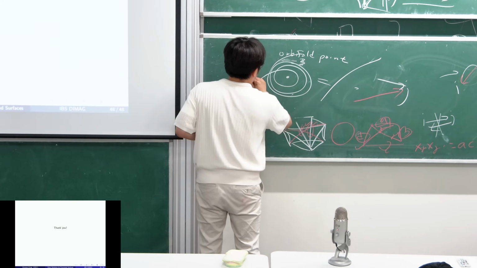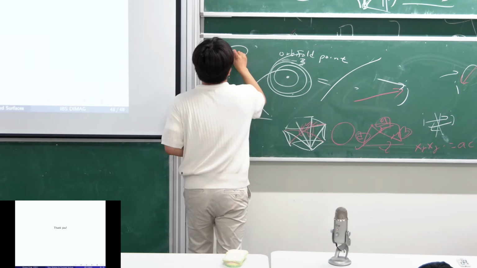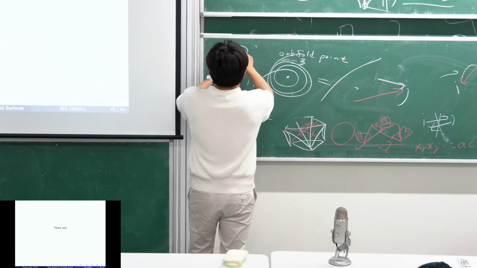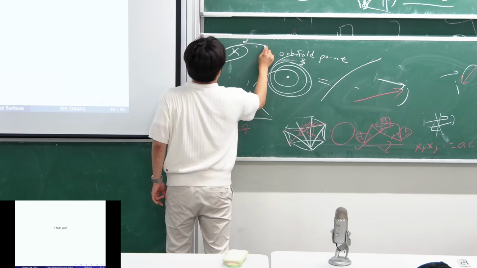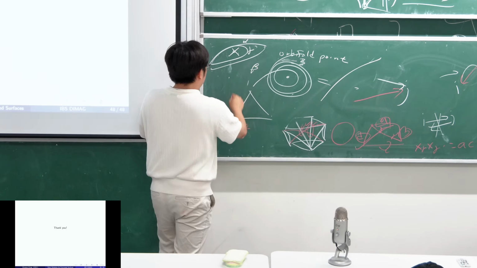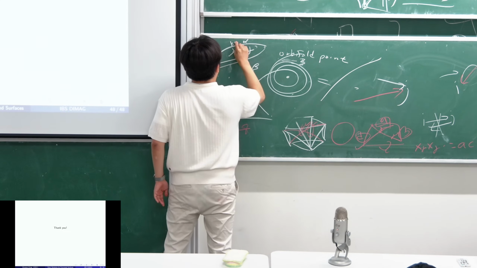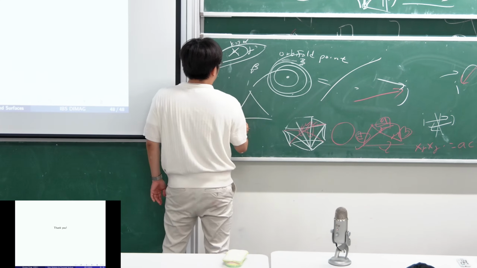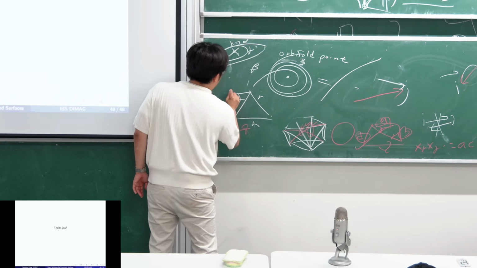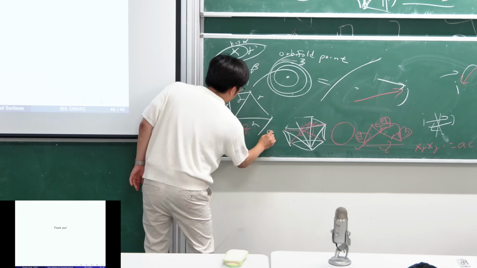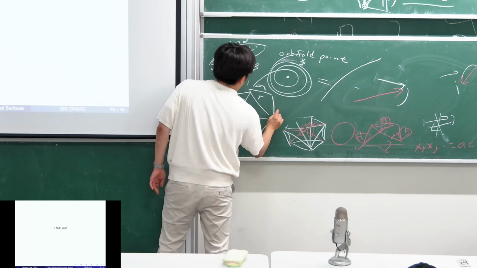For example, if this is the orbifold point and we have a triangulation like alpha, beta, gamma, with order k equal 3, the covering space of this is rewritten as beta, alpha, alpha, beta, alpha, beta.